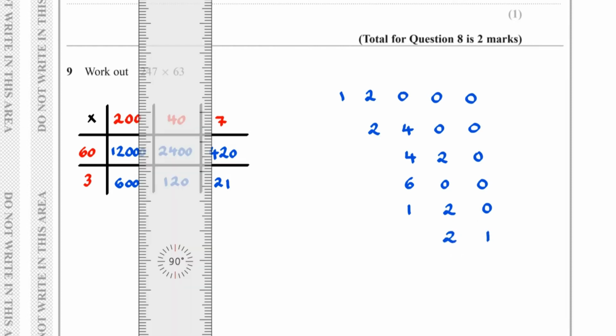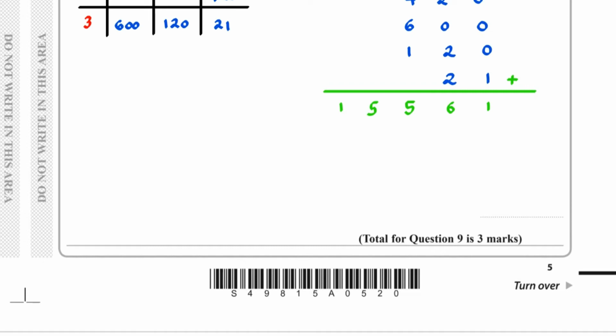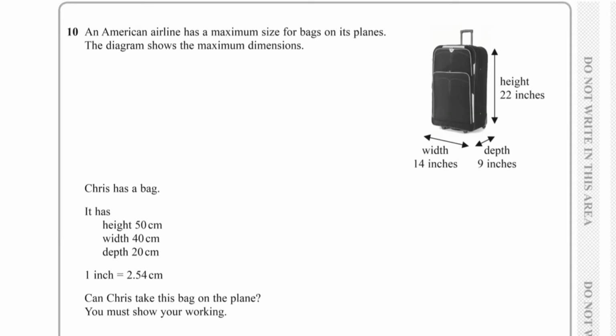All this is being added together. So here we've got 1, 2 plus 2 plus 2 is 6, 4 plus 4 plus 6 plus 1 is 15. So then we carry the 1 here. 1 plus 2 plus 2 is 5, and then we've got the 1 over here. So our resulting answer is 15,561.